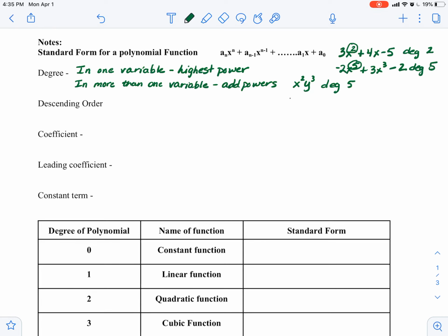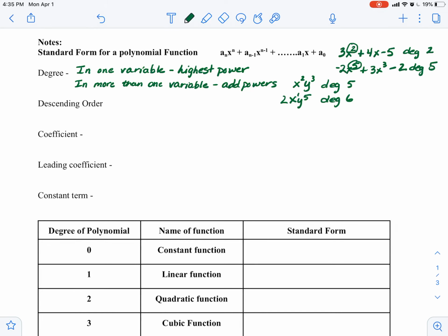Or if you had 2x y to the 5th, that would be degree 6, because that's an understood 1 there. Majority of the time with what we're doing in here, we're going to be graphing and so forth, and we're just going to have the one variable x. And so for the majority of the time, it is our highest power.